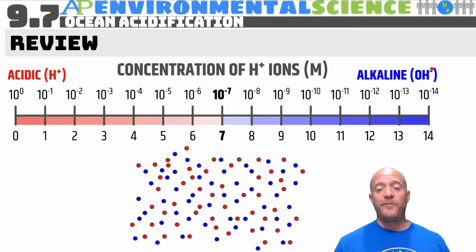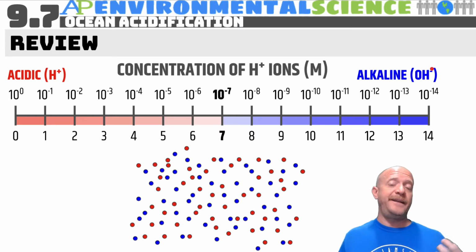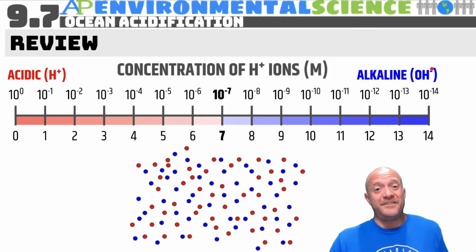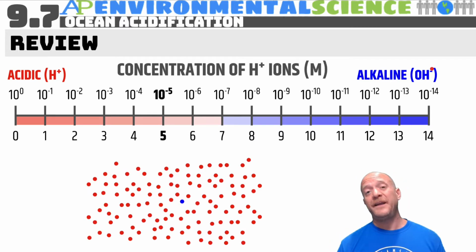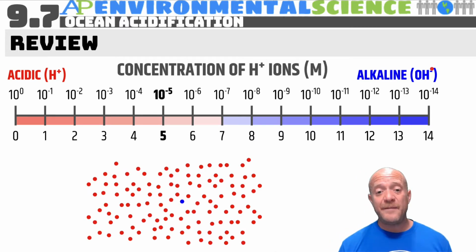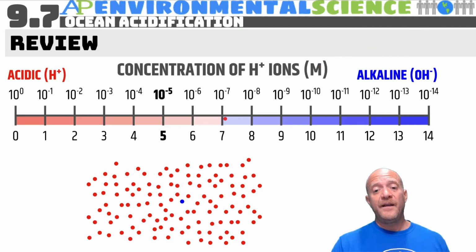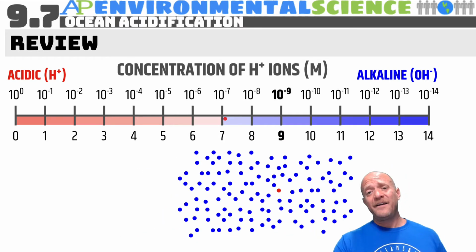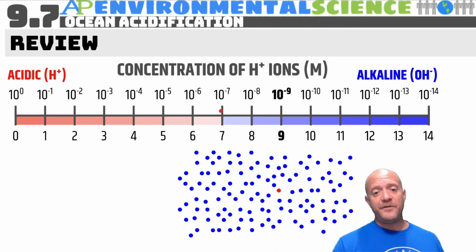Because you have just as many H's as OH's, it is a pH of 7. That's just how it works out. Now, when you have a pH of 5, you have 100 times more H plus than you did at a pH of 7. And when you have a pH of 9, you're going to have 100 times less H plus than you did at a pH of 7.